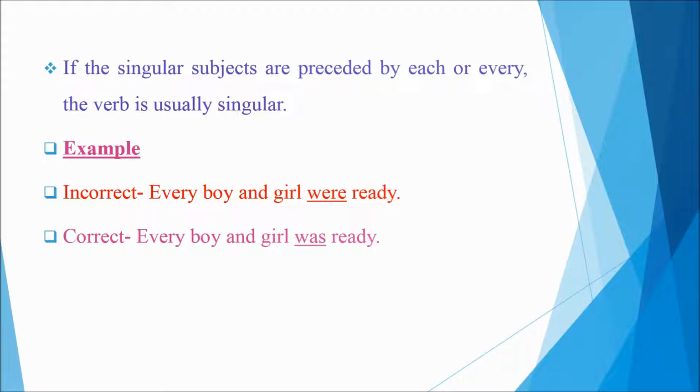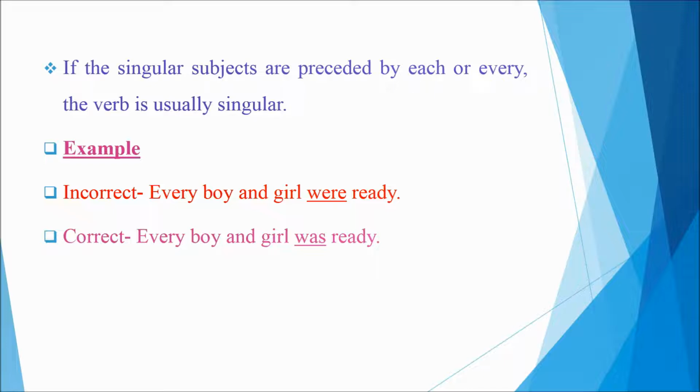Every boy and girl were ready. Is that correct sentence? No. The correct sentence is every boy and girl was ready. Why? Because the rule is if the singular subjects are preceded, here preceded means come before, by each or every, the verb is usually singular.